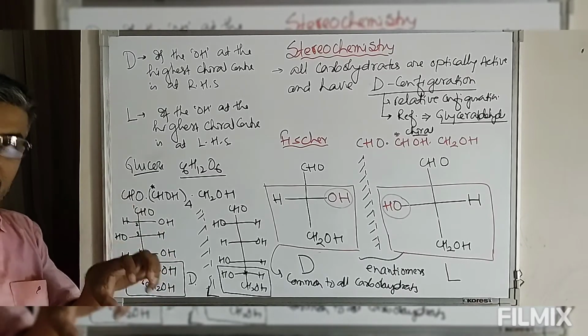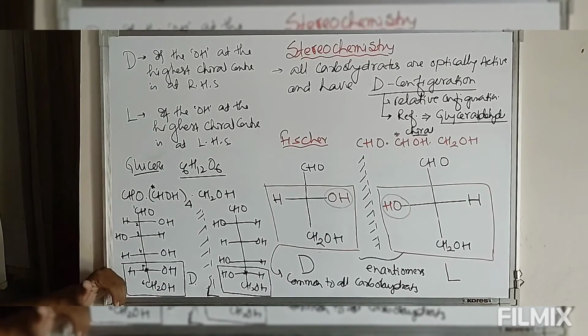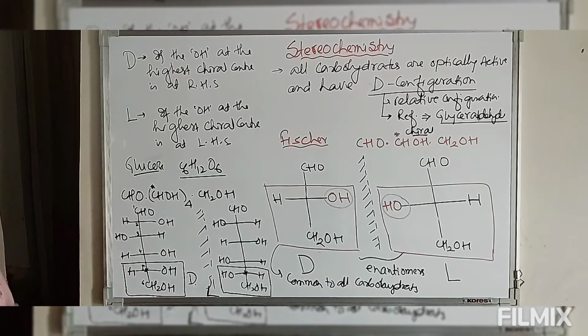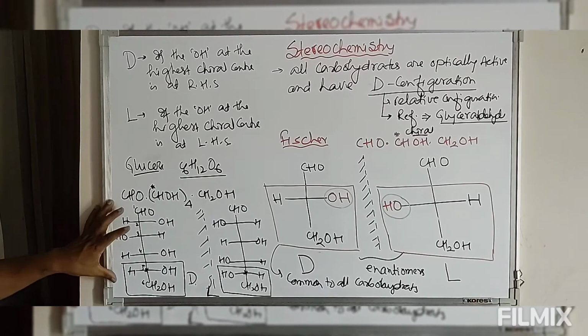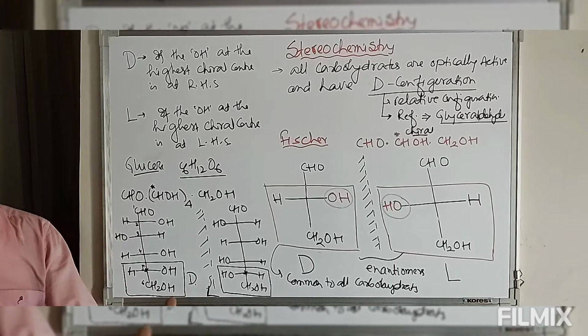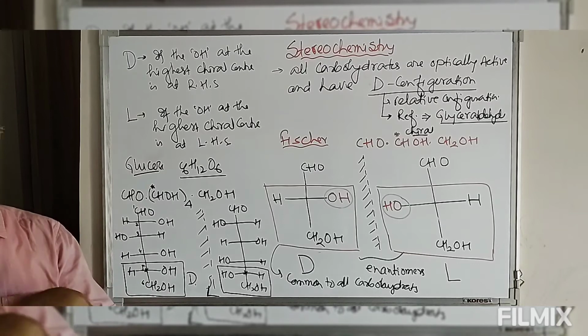So all naturally occurring carbohydrates are capital D form. This glucose is also known as dextrose, meaning thereby this being an optically active compound, it rotates the plane of plane polarized light in clockwise direction. So these are known as dextrose form.